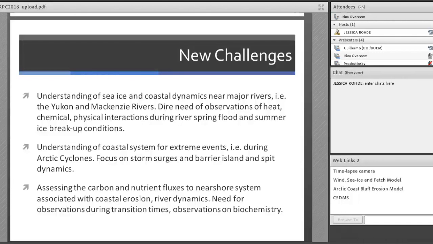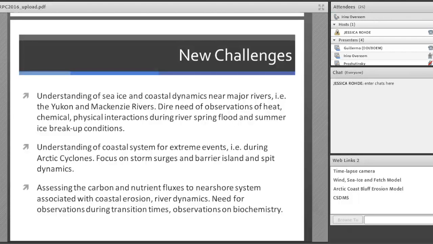And so that's really interesting to me because the water is relatively warm and it may have consequences for breakup dynamics. And so one next step of figuring out these coasts is to figure out what the rivers are contributing to the story.